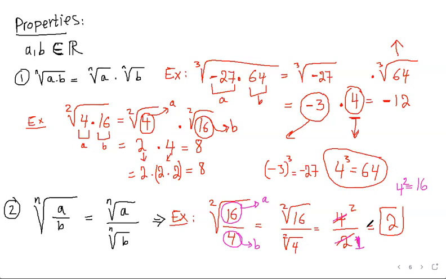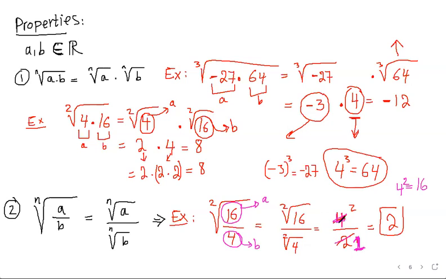Wait, so the 4 over 2, how do you get to it being 2? How do I get 2? Okay. So 4 over 2, I simplify it by dividing by 2. What's the answer? It's 1 on the bottom. 4 divided by 2, because I know 2 times 2 is 4.